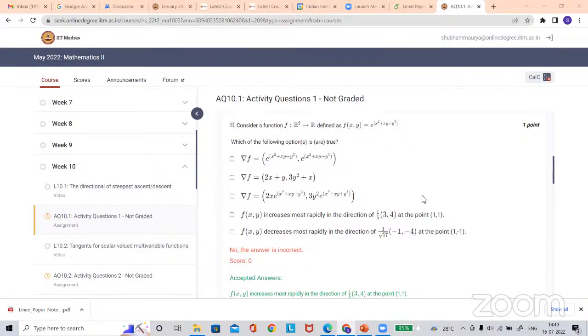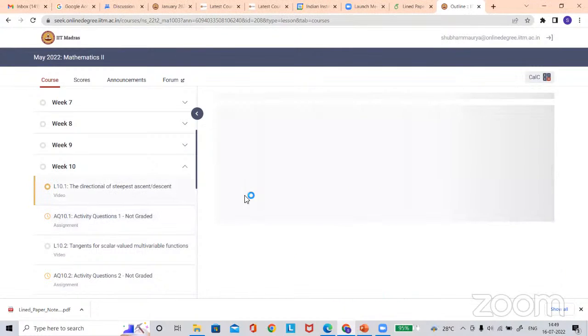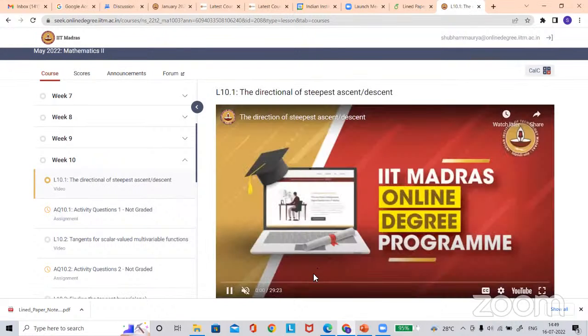What do you mean by most rapidly increasing? Most rapidly means most increasing, where the function is increasing. My question is, what do you mean by steepest? What is the use of this lecture then?